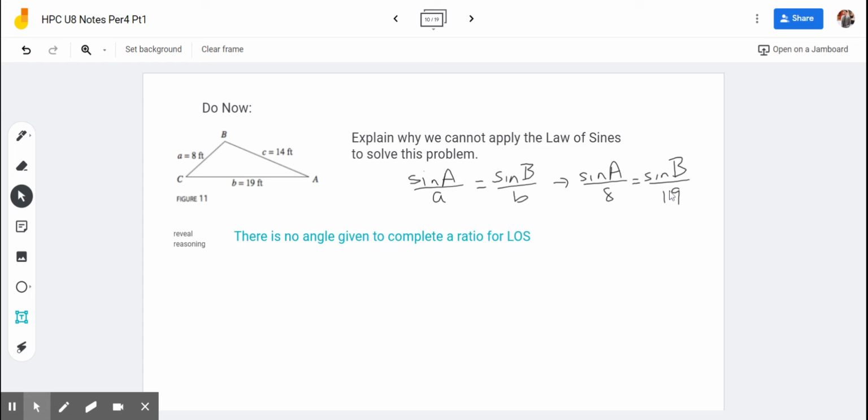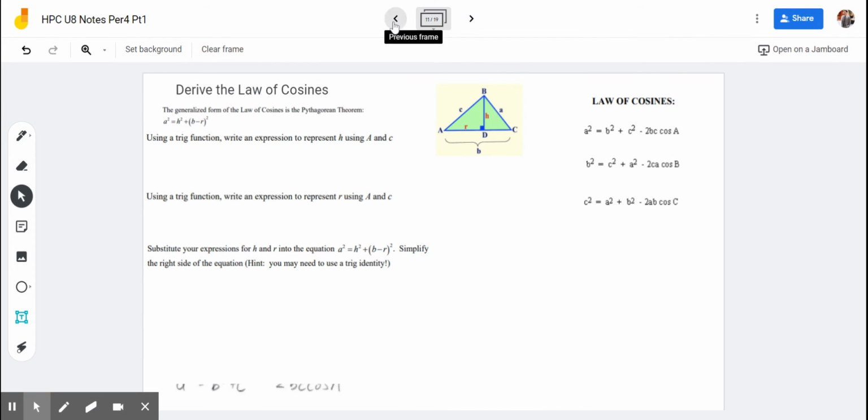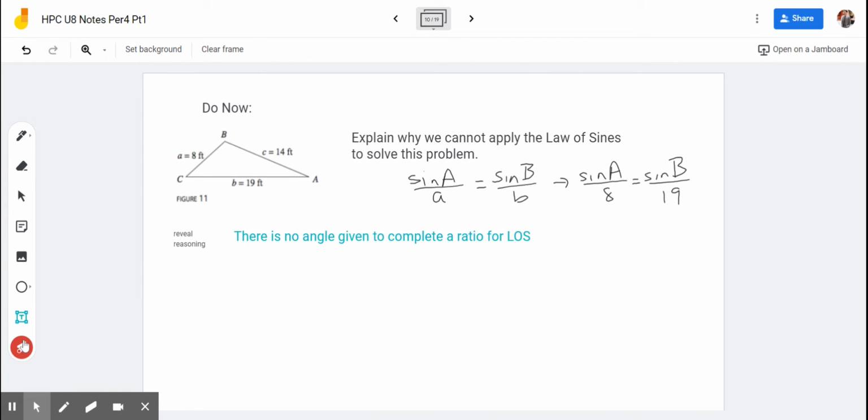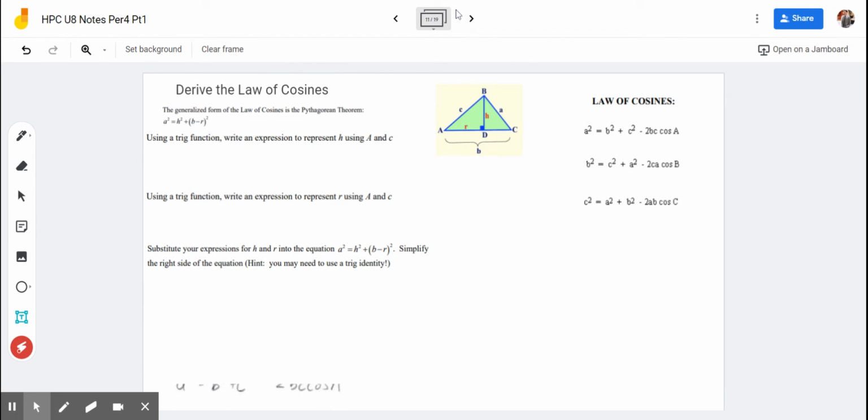Two of the angles would be missing, so we can't have a complete ratio. We're given all three side lengths, so it's not ASA, AAS, or SSA in terms of the given information. It's SSS. So we can't use the law of sines, and we're going to have to use the law of cosines instead.